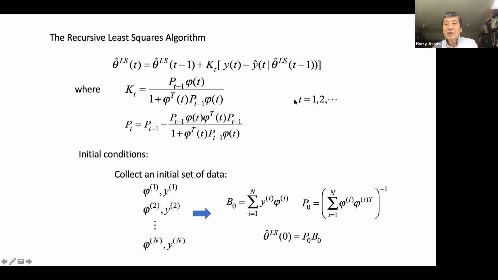Starting with t equal 1, 2, 3, when you start with t equal 1, you have to know t minus 1. That is actually 0, right? Theta LS at 0 must be known, so you have to provide it initially.